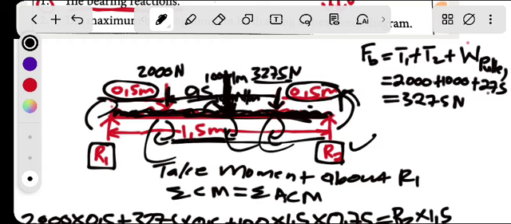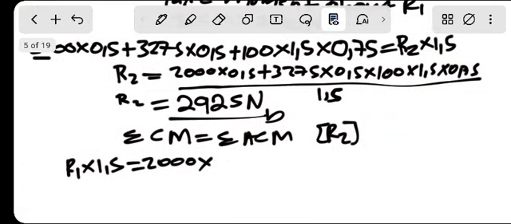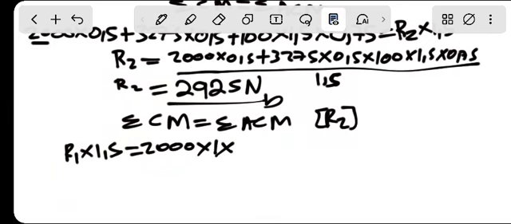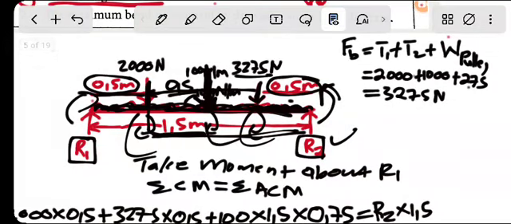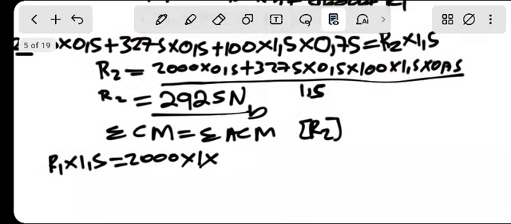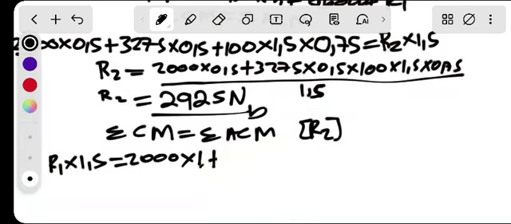I know it has become messy now, but as you know, guys, this will be 1 multiplied by the reaction, which is 0.5, that distance there, plus the reaction of the flywheel, which is 3275 multiplied by 0.5, plus the one of the weight, the distributed load.